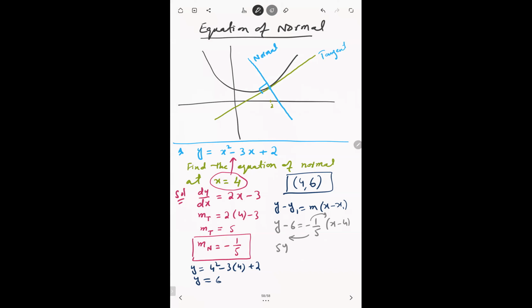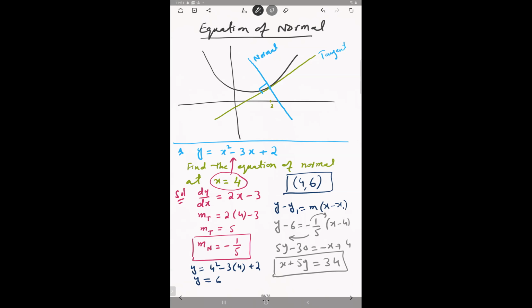So 5y minus 30 is equal to minus x plus 4. So you will get x plus 5y is equal to 34. This is the required equation of normal. Is that clear? Any question?